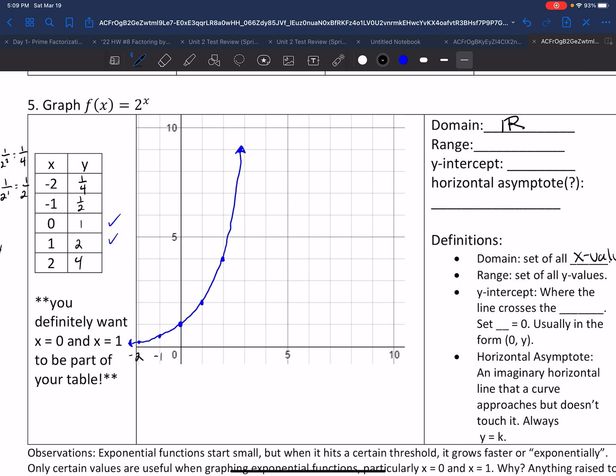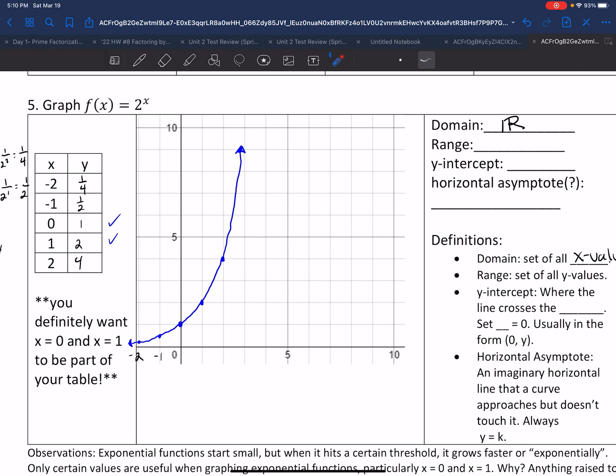And then I'm not going to talk about the range, because I want to just jump to the horizontal asymptote. Now, the horizontal asymptote, it says that we have an imaginary horizontal line that a curve approaches, we're talking about this curve right here, but doesn't touch it. So it is always y equals k.